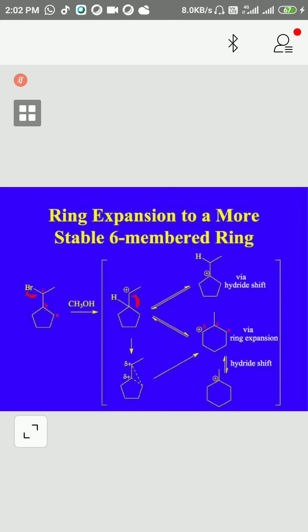And again, after ring expansion, there is hydride shift. So if hydride shift takes place here also, then how many products can be formed? You can see here, either here or here or here. Means many products are possible.